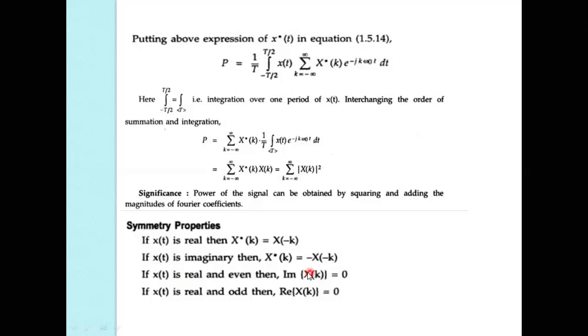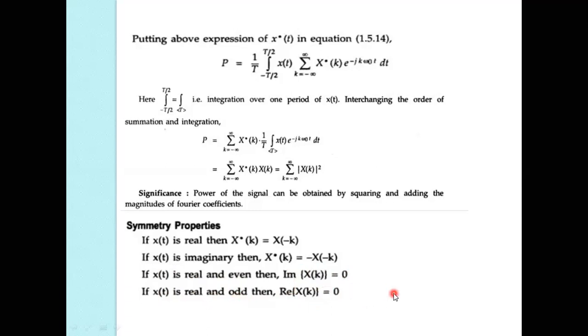When x of t is real and even, imaginary of the Fourier series coefficient x of k is 0. If x of t is real and odd, then real of x of k is equal to 0.